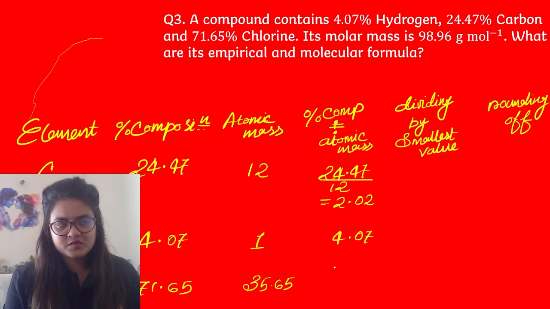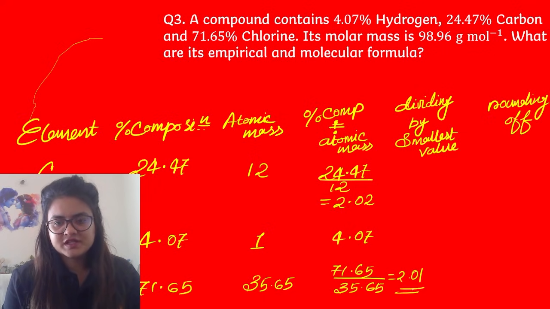So 71.65 divided by 35.65 will give you almost 2.01. So you can check the smallest value is coming as 2.01, right?